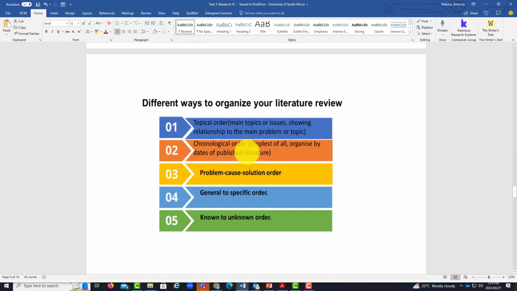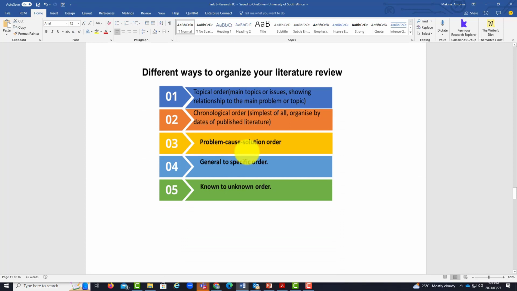Different ways to organize literature, which I use. Sometimes you use the topical order, with main topics or issues showing relationships to the main problem or topic, or you do it in chronological order, the simplest of all, organized by dates of published literature.